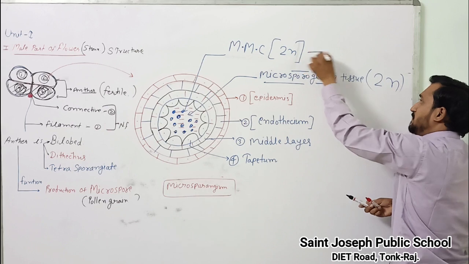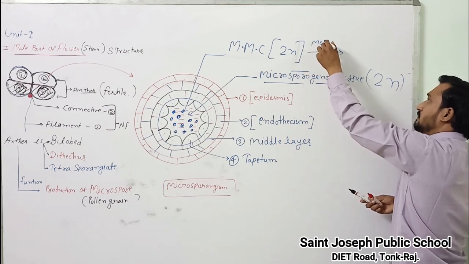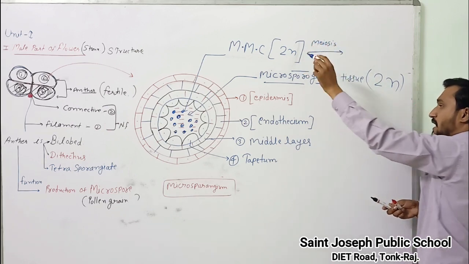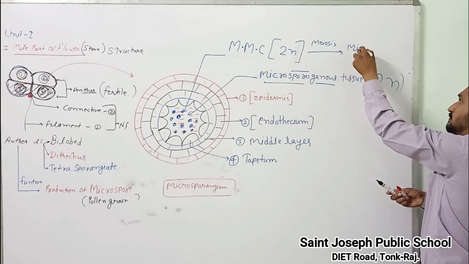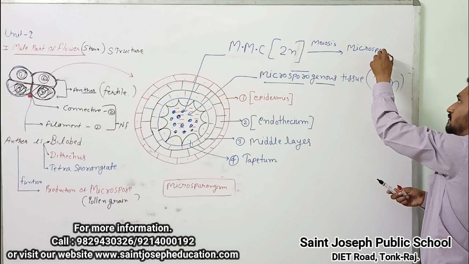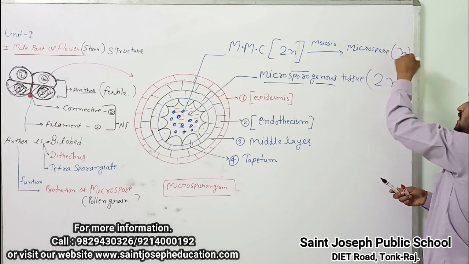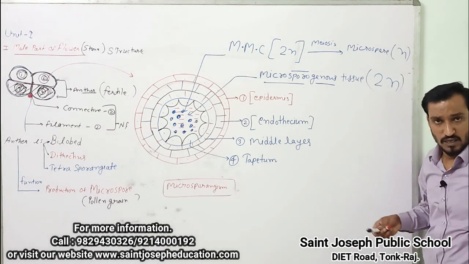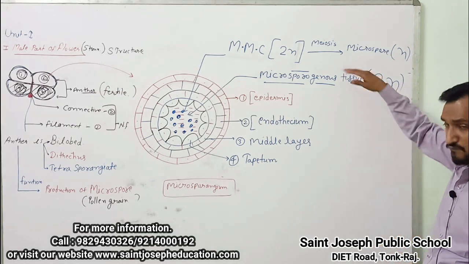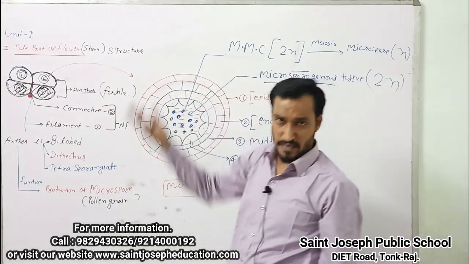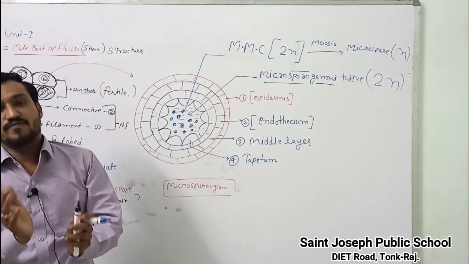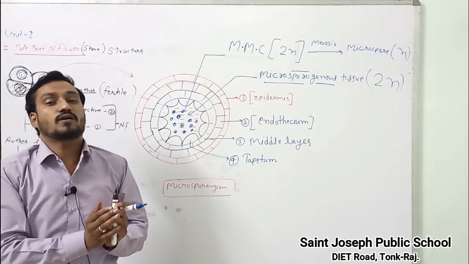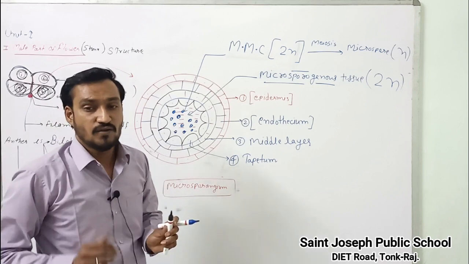They will participate in meiosis and will form haploid microspores, that is n. This haploid microspore will convert into pollen grains, which are the male gametes of a flower.